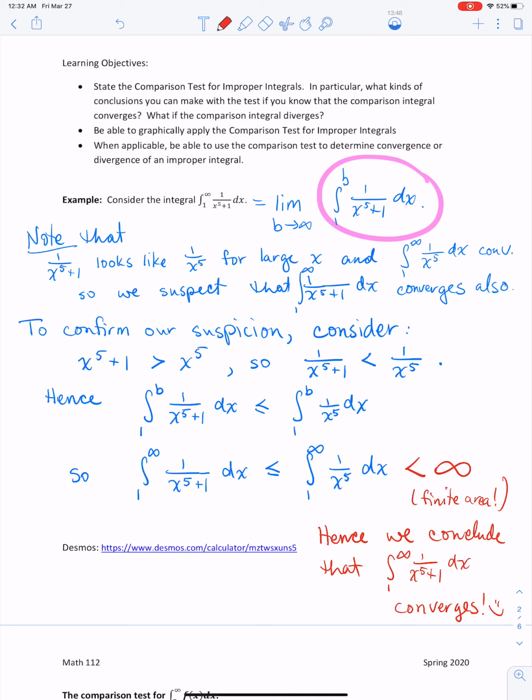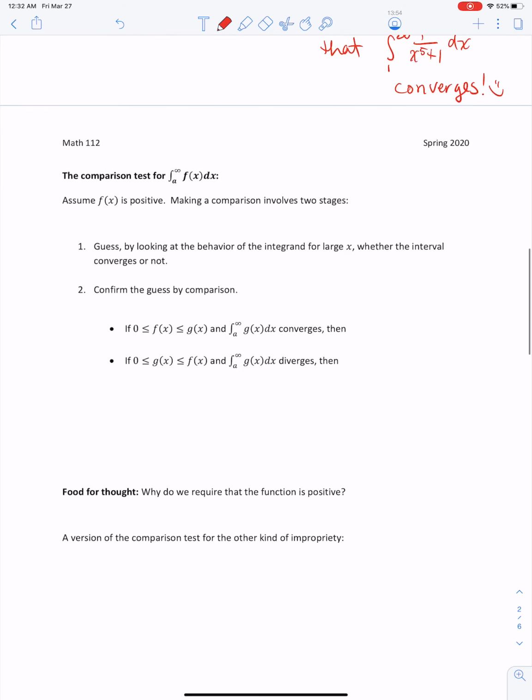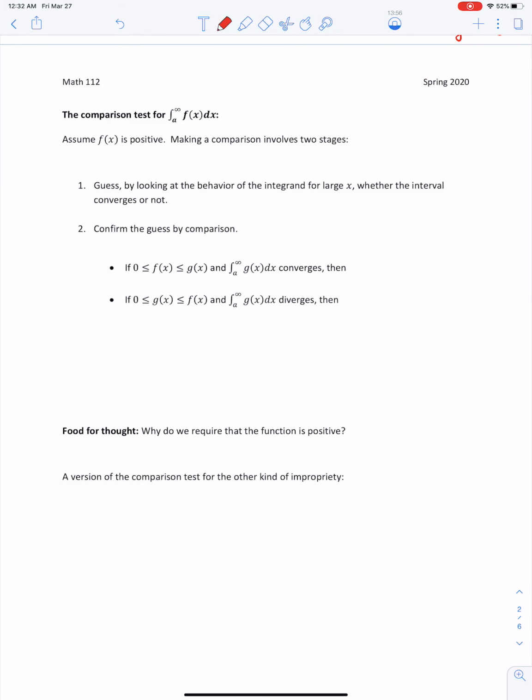So this is known as the comparison principle for improper integrals, and I've stated it on the next page. There are two parts to this comparison test. The first part is we need to guess whether or not our integral converges or not. In the last example, we guessed that our integral converged.